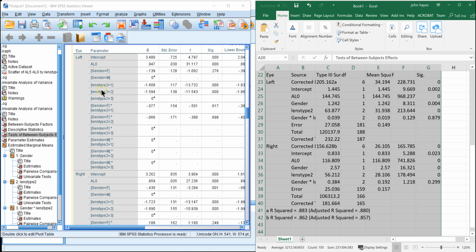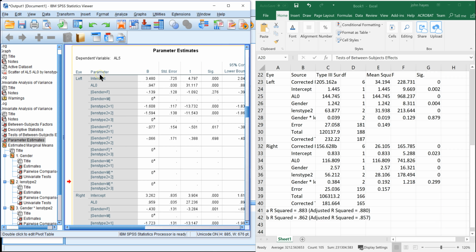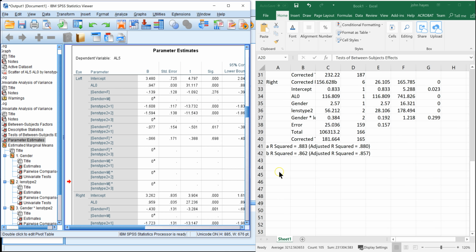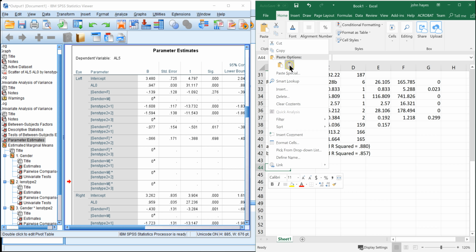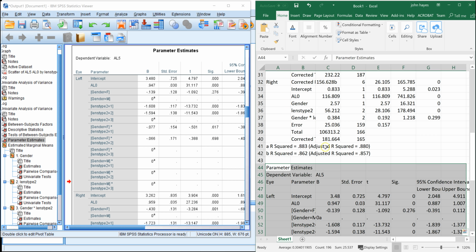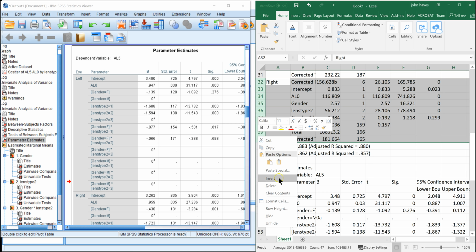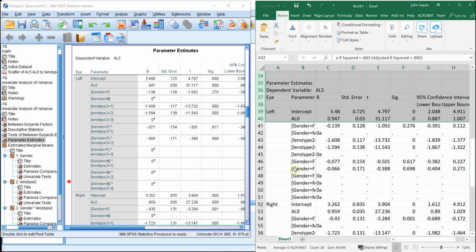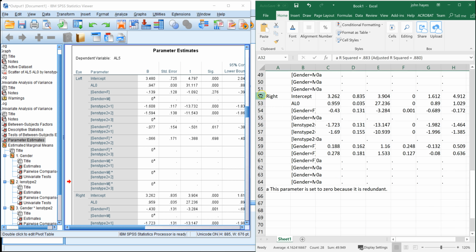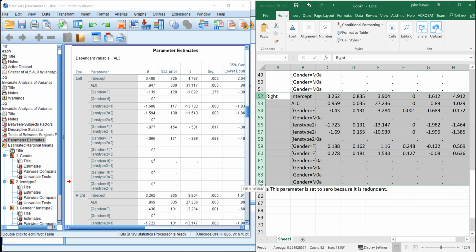But here is our parameter estimates, and we're just going to come over and copy these into here. And I think in order to clean up our stuff a little bit, we're going to get rid of the right eye, just so we can keep everything straight.